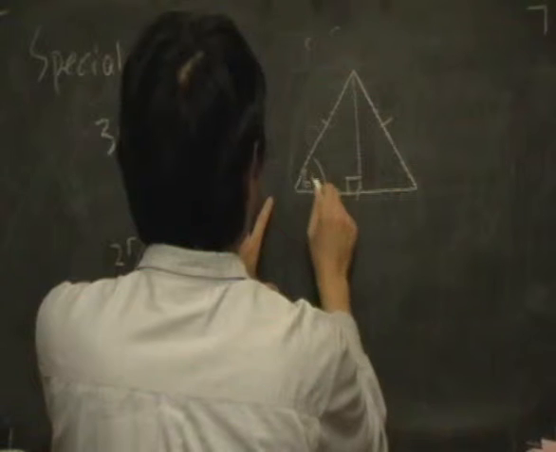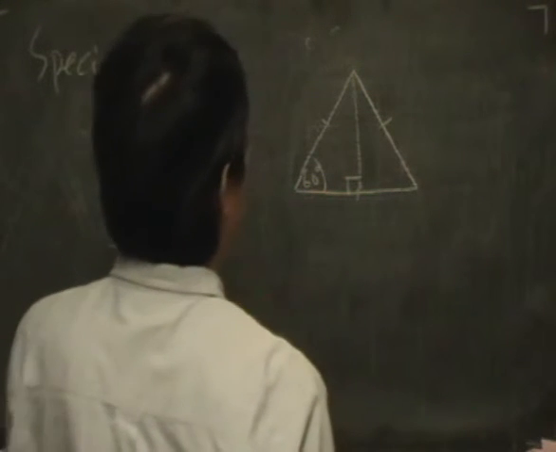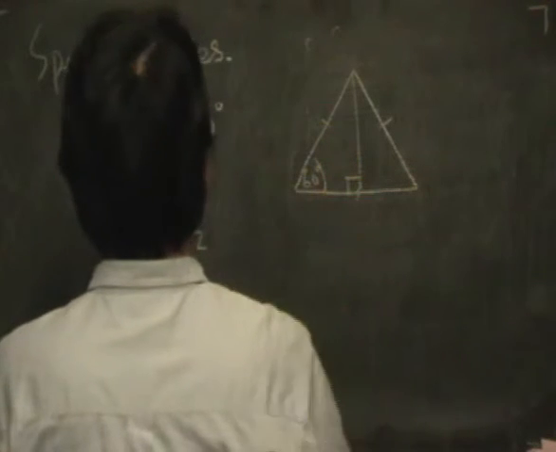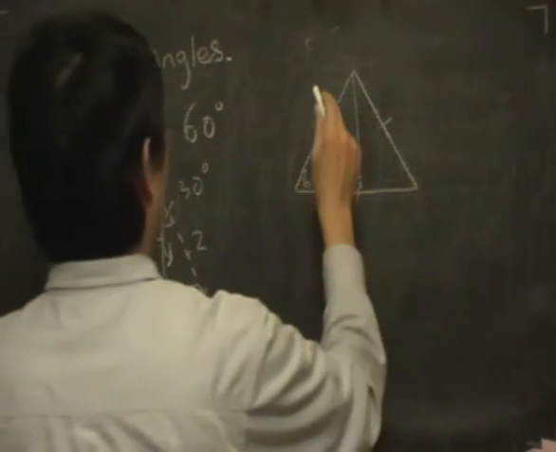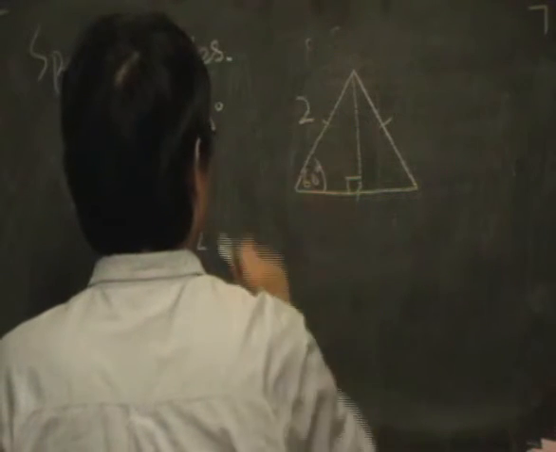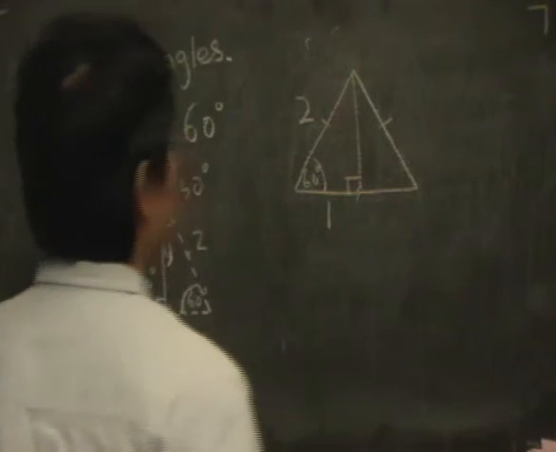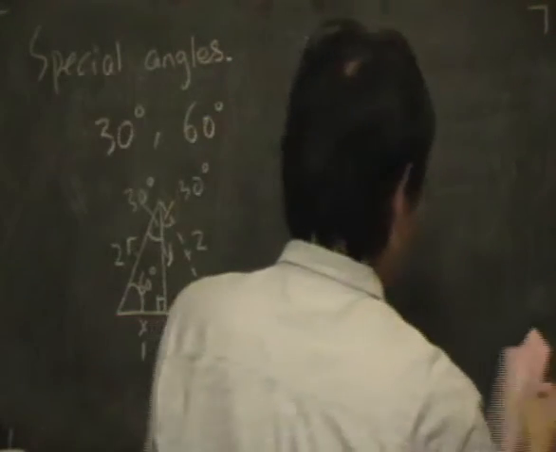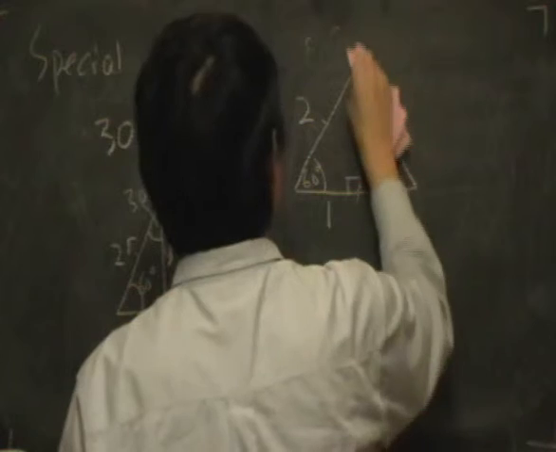That's our 60 degrees. Right. Now what this tells us is that this side is 2 and this side is 1. Okay, so this time I can actually leave out the other side now.